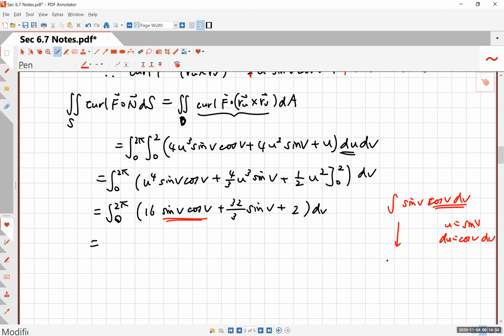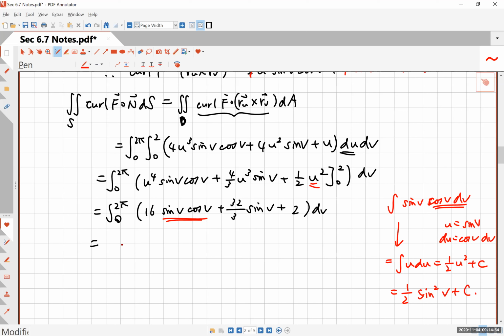So this will be equal to u du, very simple. By the way, this u is not the same u as over here. And this is 1/2 u squared plus c, which is 1/2 sine squared plus c.